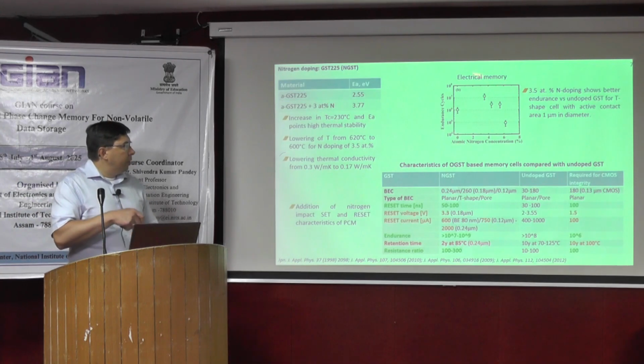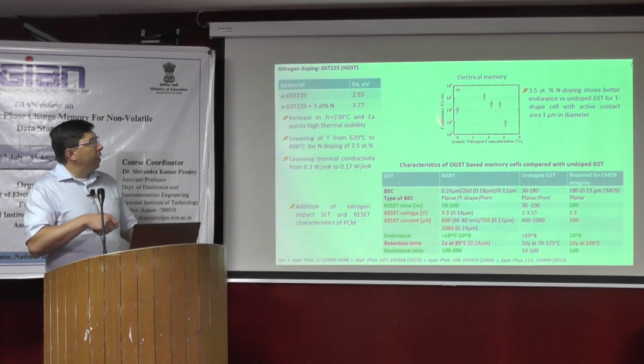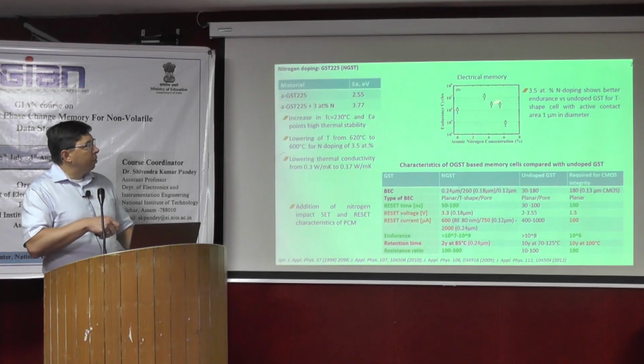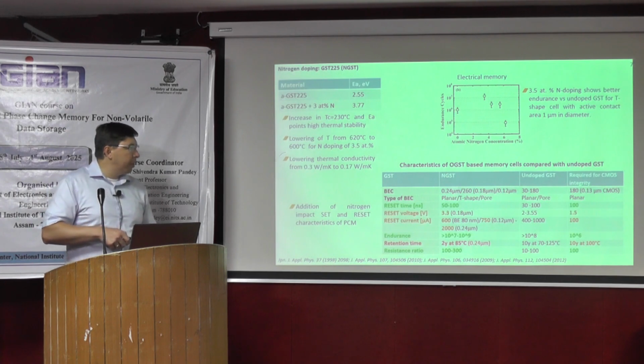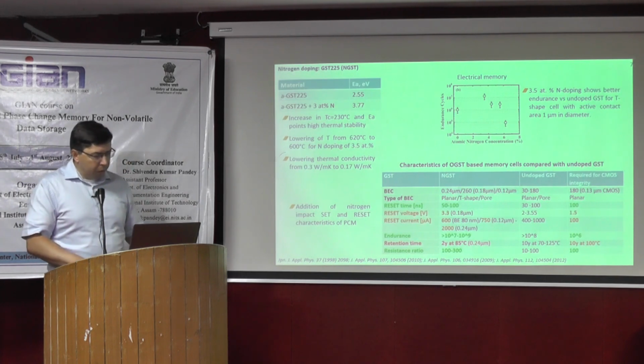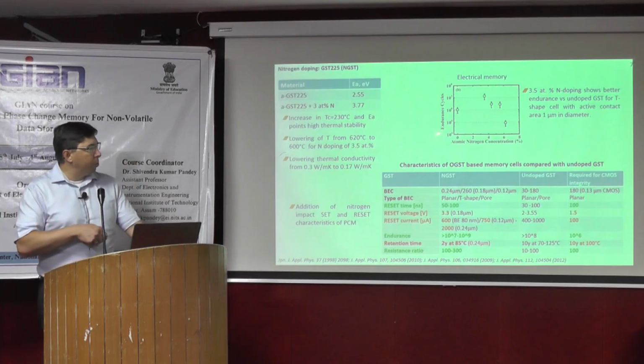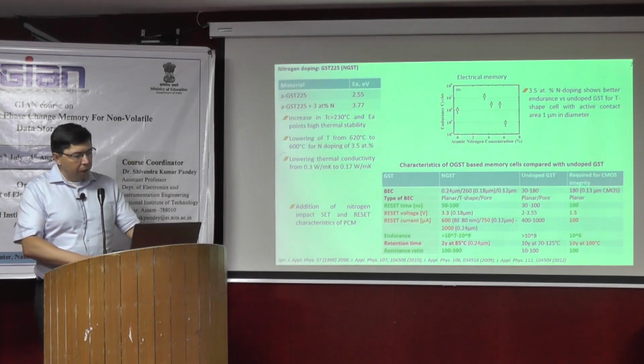For electrical memory we also need high endurance. It is also improved at this particular nitrogen concentration, at around 4%. It improves from undoped to doped, by about one order of magnitude. However, unfortunately, phase change devices based on doped GST are not so good.